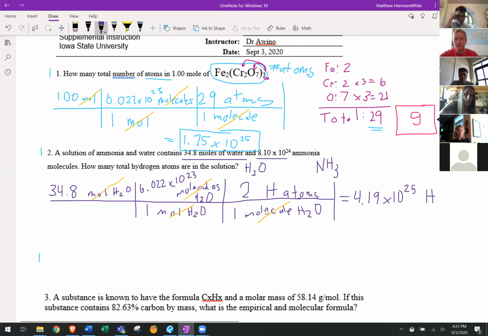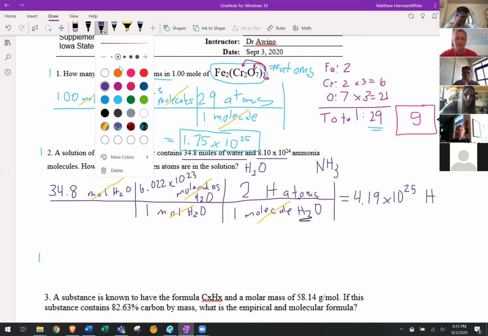You could do 1 molecule is 3 atoms, and then multiply that by 2/3. You're going to get the same answer. In this case, we skipped the total part and just said H2O is 2 hydrogens, so we're going to put 2 on top. Does that make sense, Dylan? Yeah, kind of.